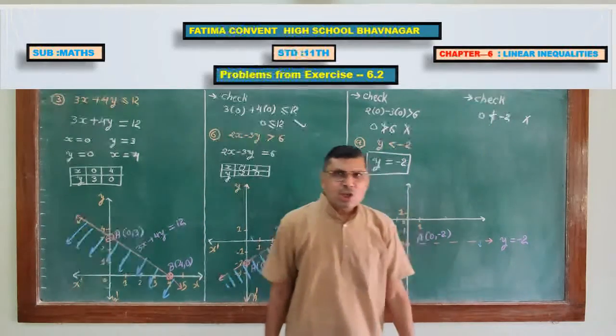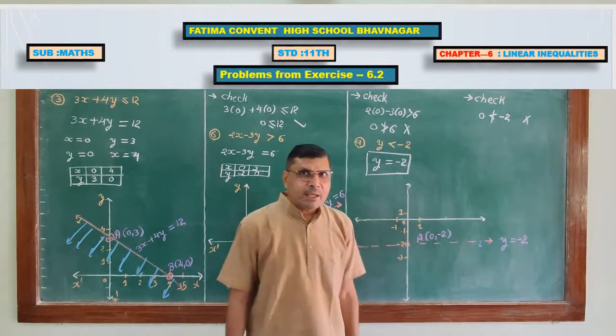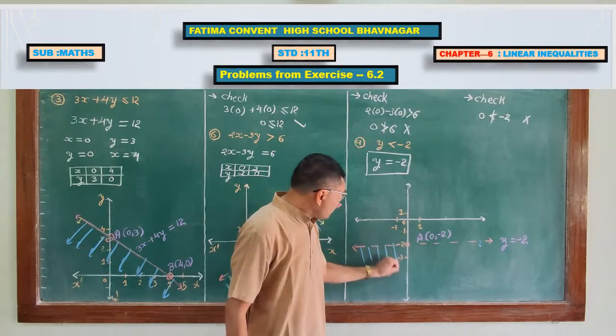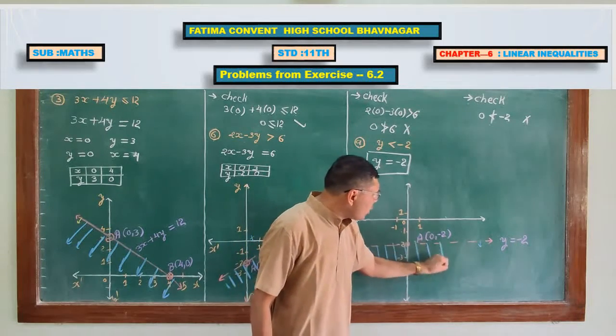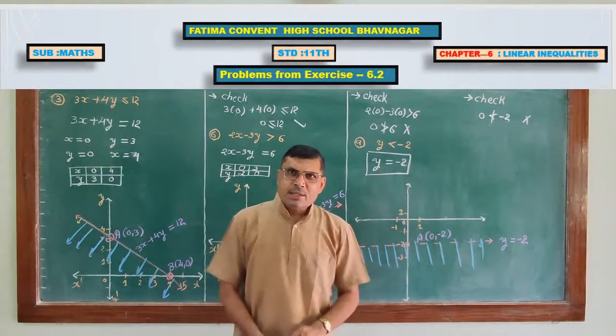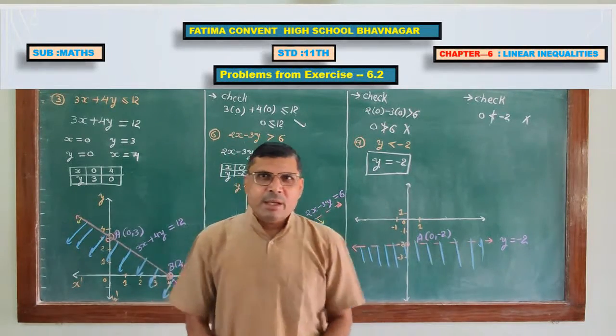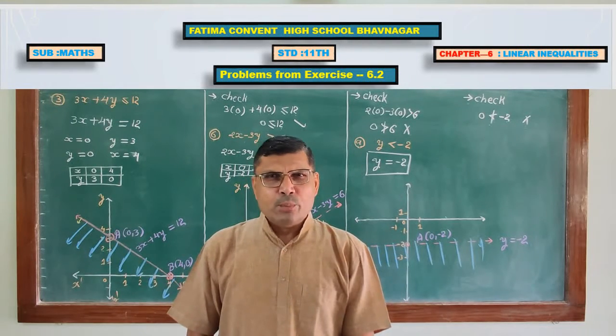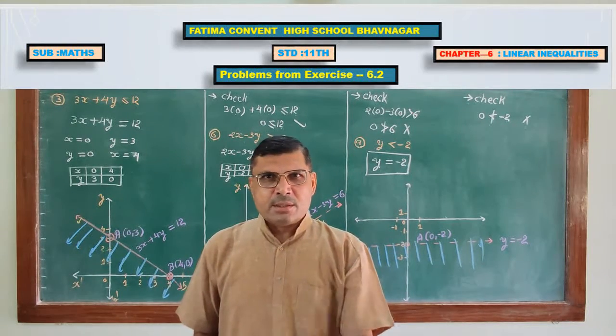Once again, 0 does not satisfy my inequality, so the answer is the opposite part, where 0 does not lie. You can see all three sums are very easy to calculate. So kindly practice exercise 6.2. Then we will discuss exercise 6.3.